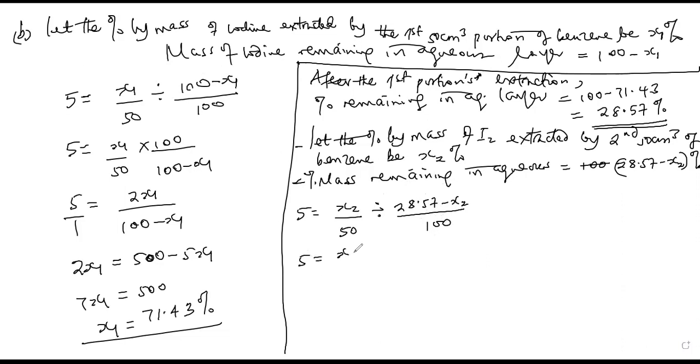So 5 is going to be X2 over 50 times 100 over 28.57 minus X2.